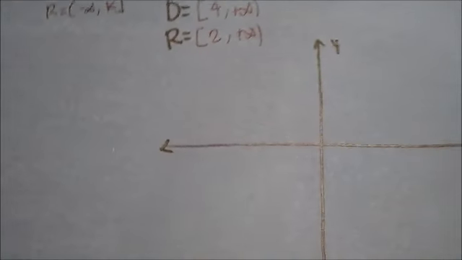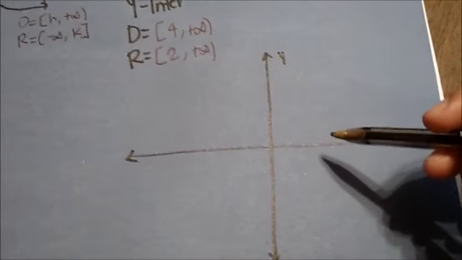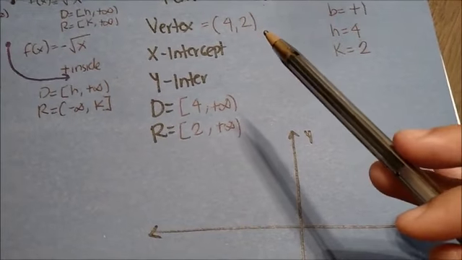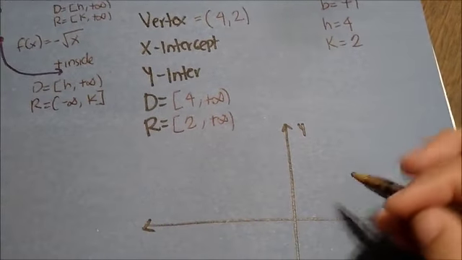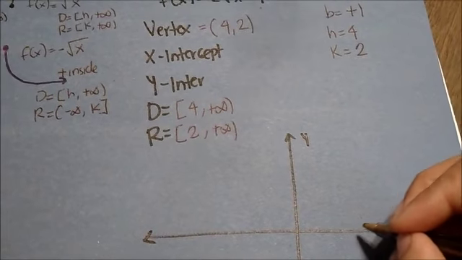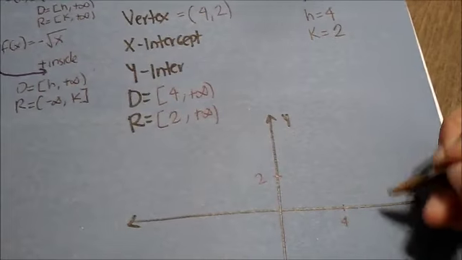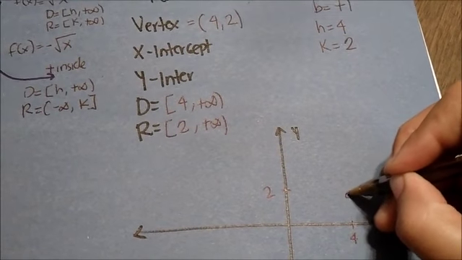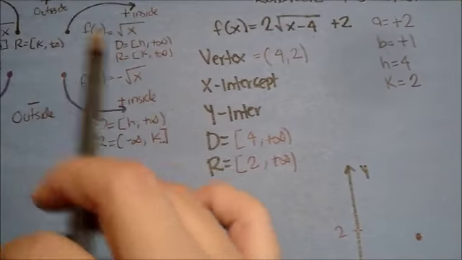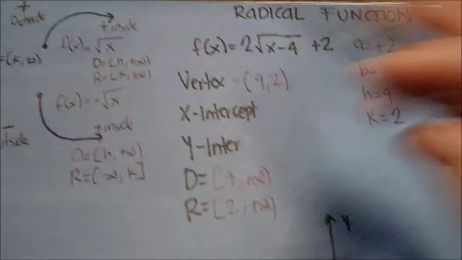So, as I told you in class, let me draw here. First of all, let's find the initial point or vertex. It's going to be 4, 2. So it's here. You know that the shape of your graph is going to be like this one.